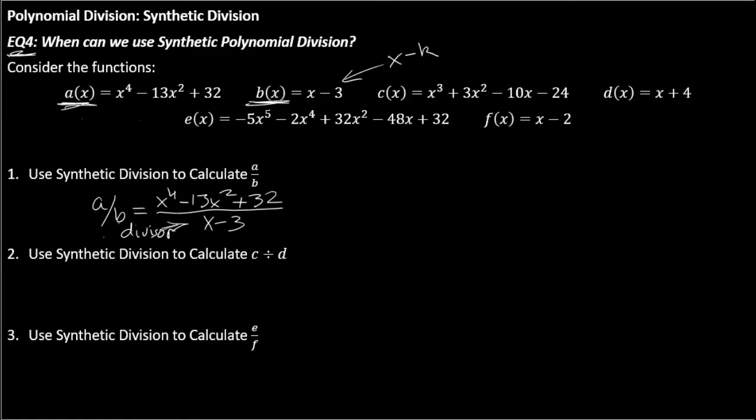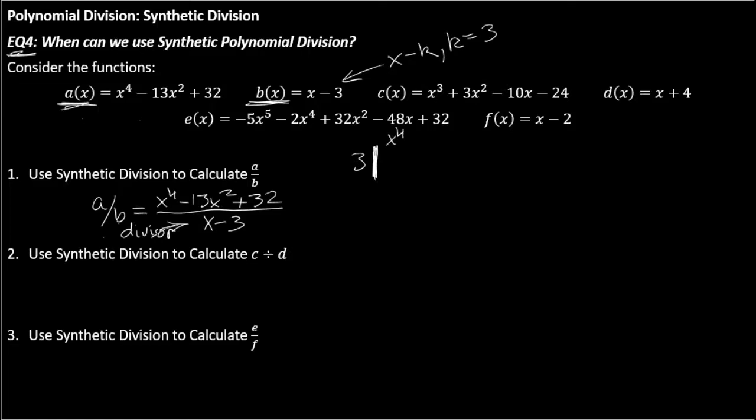So right now, our divisor is in that form, x minus k, and k in this case is equal to 3. So we're going to take that k term and put it here, and put a bar right here. Then I'm going to rewrite A of x, our dividend, on top above the bar: x to the fourth.